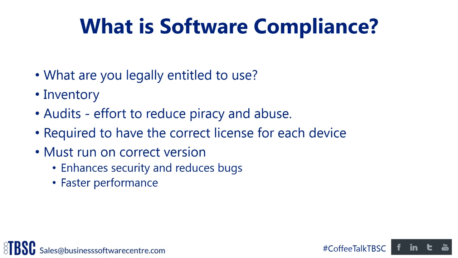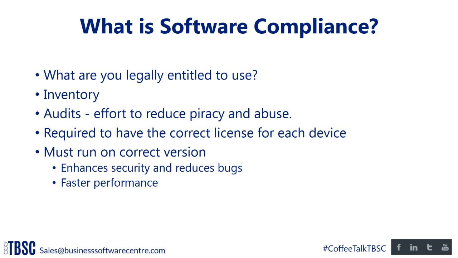So software compliance goes over what you're legally entitled to use. So whenever you sign up for Microsoft 365, oftentimes you will get a software licensing agreement. And so in that agreement, that contract that you sign, you will get a notification of what you're legally entitled to use. I would say that this is primarily useful information for anybody on an EA licensing model, especially because EA licensing models often come in 3-year contracts, or I believe 5-year contracts.